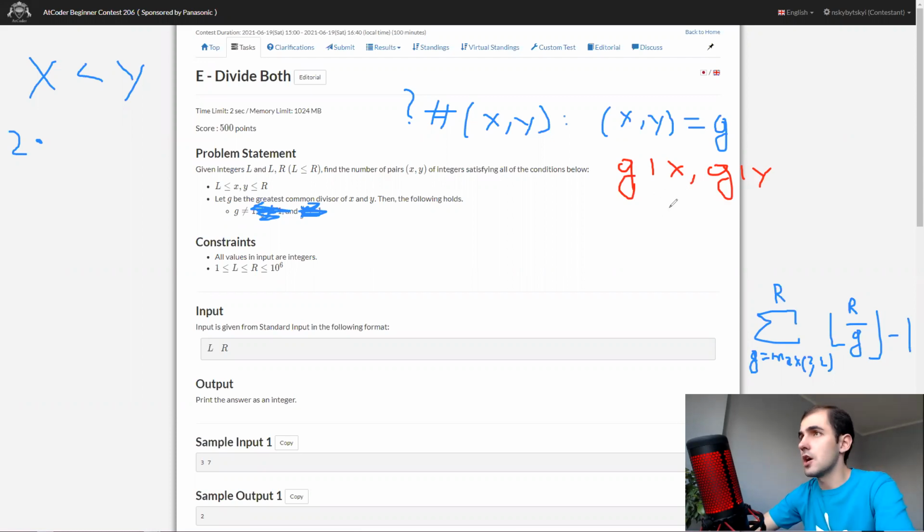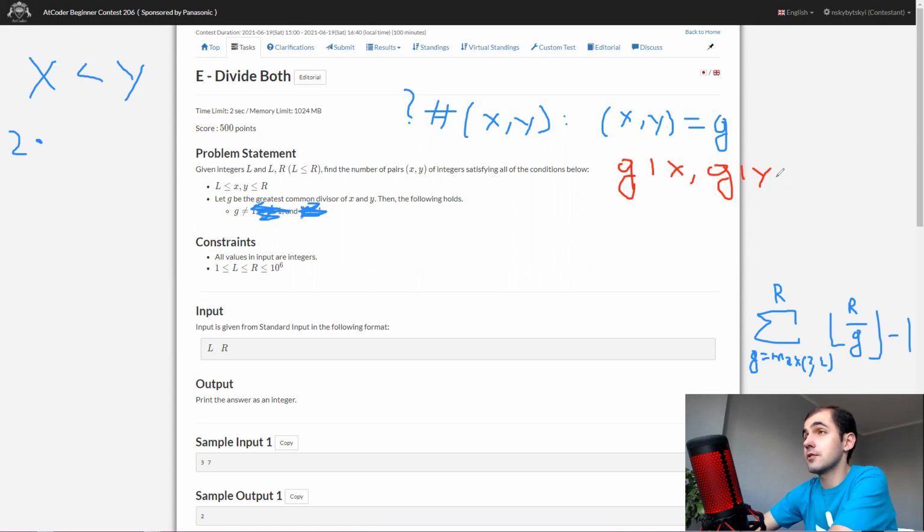It turns out it's not. If you take x and y to be 2g and 2g, their GCD will be 2g, not g. So we will overcount for a second, because we are going to count the pair 2g, 2g for both g and 2g here. But we'll take care of it later.